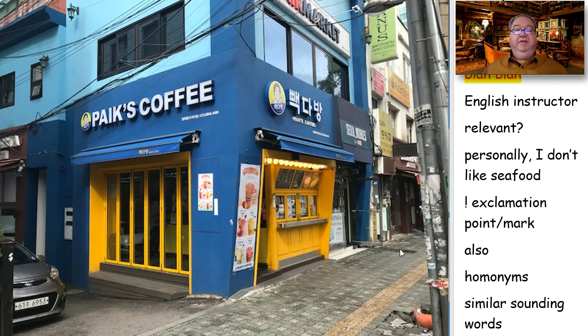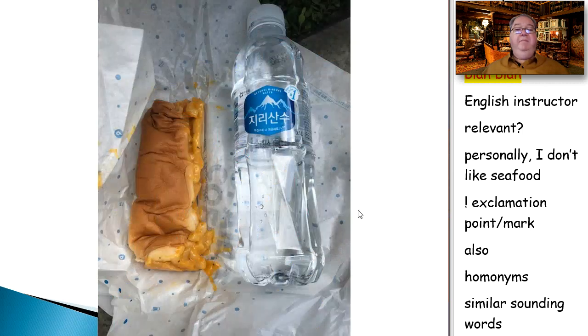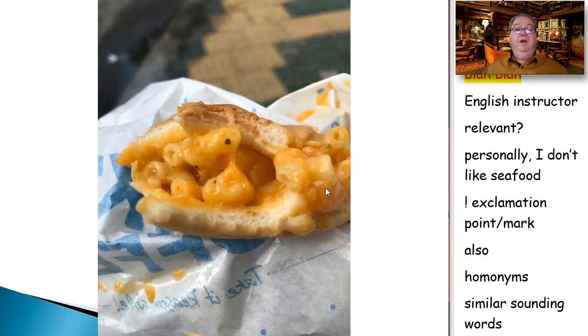But you might be familiar with Packed Coffee here. I was walking by this one day, and on their menu they had a mac and cheese bread. Basically a macaroni and cheese sandwich. Macaroni and cheese on a hot dog bun. And you can see here, compared to a water bottle, it was fairly large. It tasted okay.